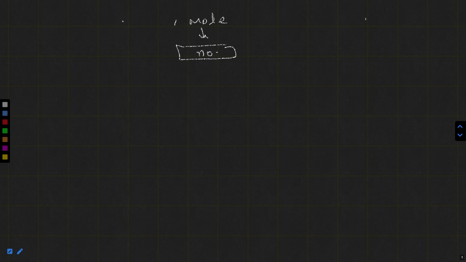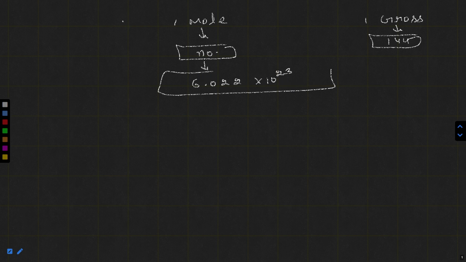Like in 1 gross, we have 144 items. Similarly, in 1 mole, the number is fixed, that is 6.022 into 10 raised to the power 23 entities.